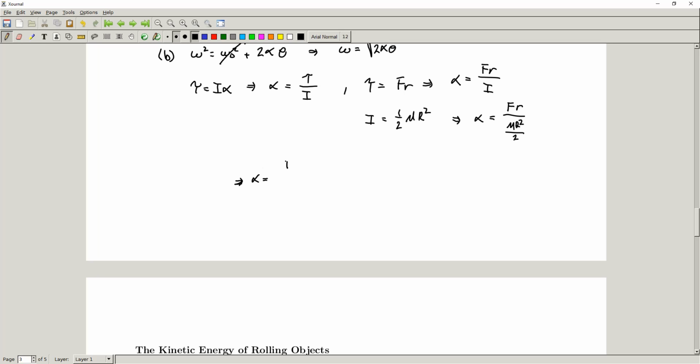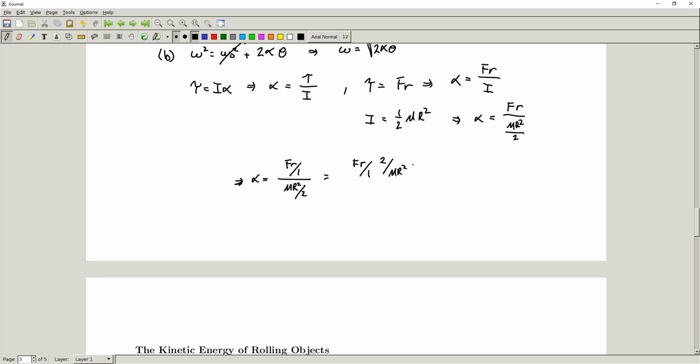Basically, we can write alpha is equal to Fr over 1 over mr squared over 2. If I flip this up, we're taking the reciprocal of it, and so it's going to end up being Fr over 1 times 2 over mr squared.